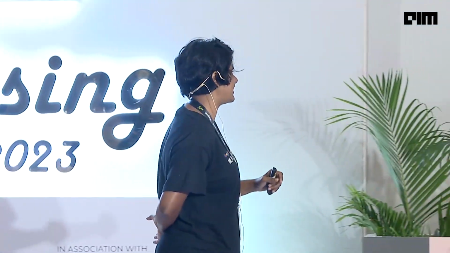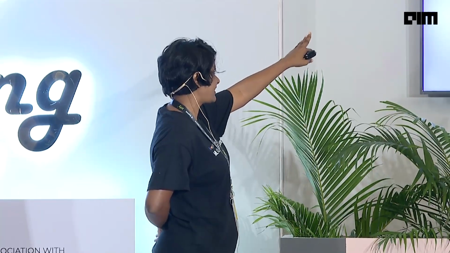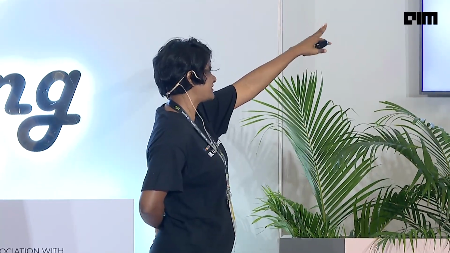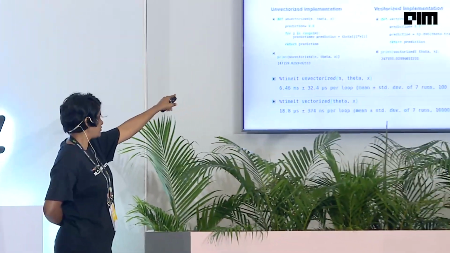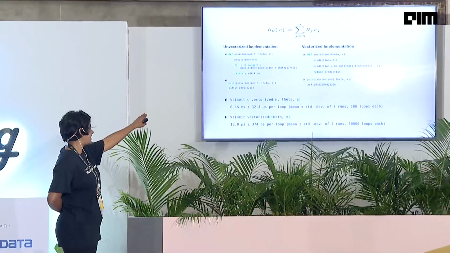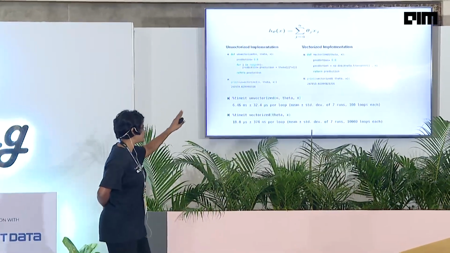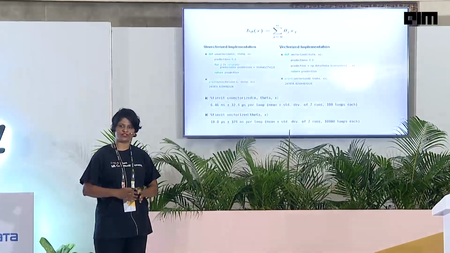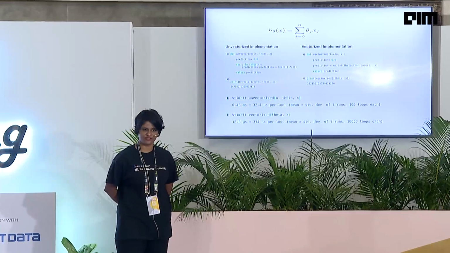So what the code does here is, I'm taking a simple unvectorized implementation where I'm taking the hypothesis function of a linear regression and trying to code it. On my left hand side, I have code using a for loop. I can eliminate the for loop by converting this function into a dot product function.